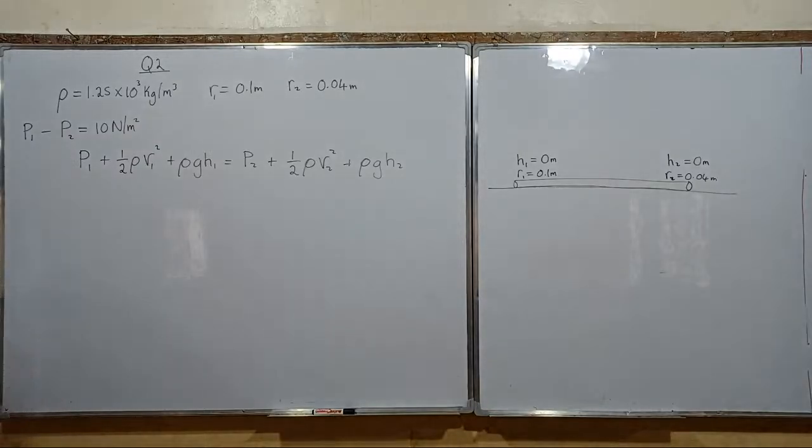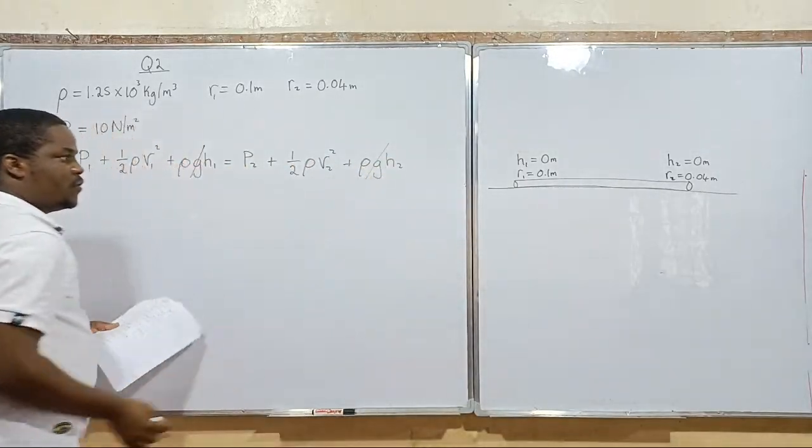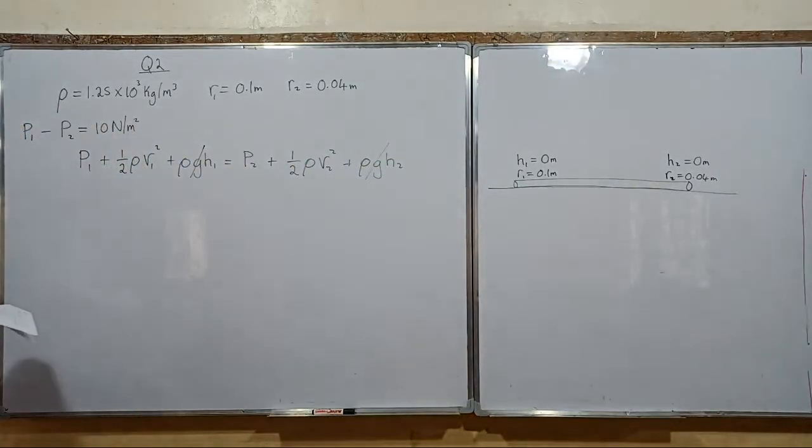Now, in our Bernoulli equation, where there's height, we just cancel. Why? Height is 0. H1 and H2 are 0, so height cancels. So this term disappears, this term disappears. Like we said there. Let's put the pressures together.